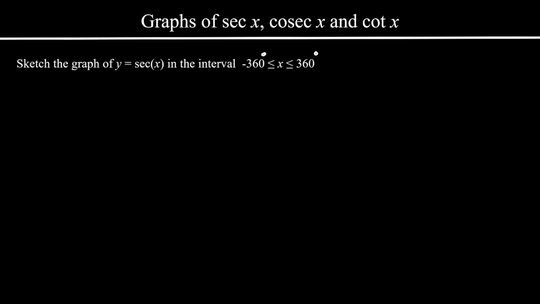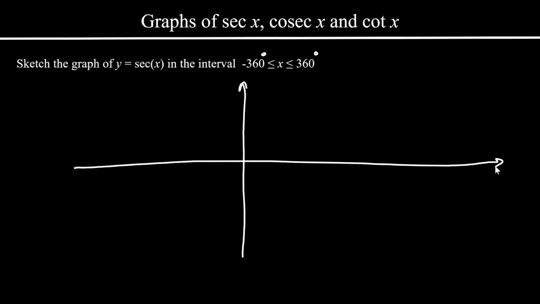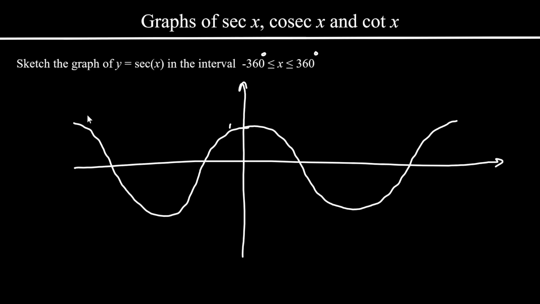If we start with our cos graph, so our cos graph starts at 1, and it makes this shape. It starts at 1, goes down to 0 at 90, it's at negative 1 at 180, it's at 0 again at 270, and back to 1 at 360.